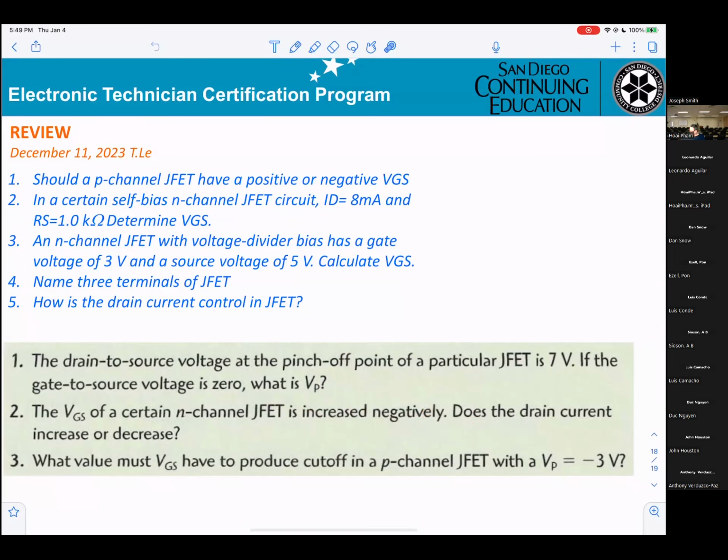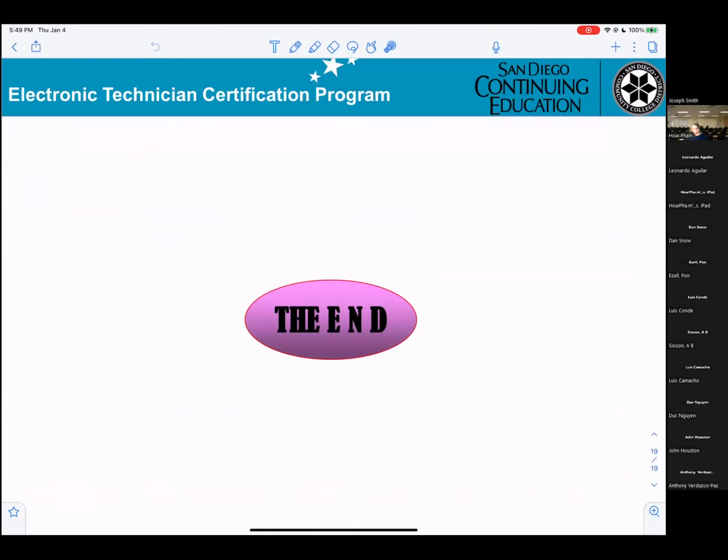Does the drain current increase or decrease? What value must VGS have to produce cutoff in a P channel JFET with VP equal minus 3 volts? Okay, so that will be done basically for the MOSFET.